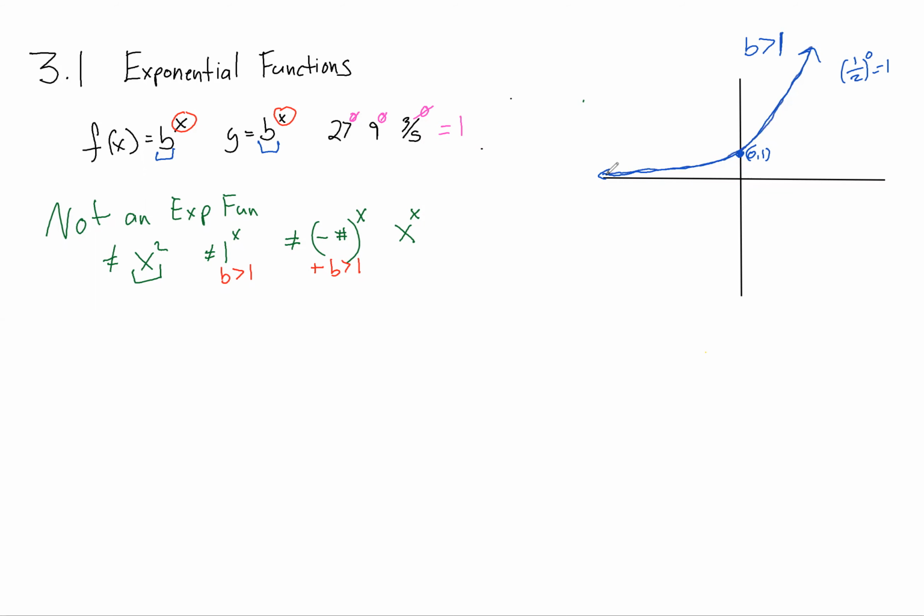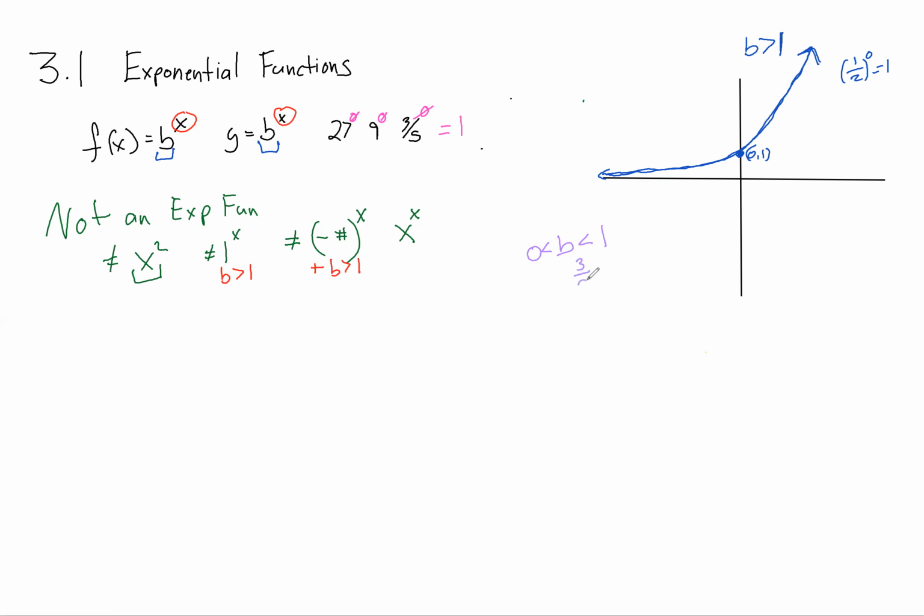Now there's something interesting when our base changes just a little bit. If our base is greater than 0 and less than 1, it looks like it kind of flips. So what is something that is greater than 0 and less than 1? For me, fractions are the easiest way to think about this.